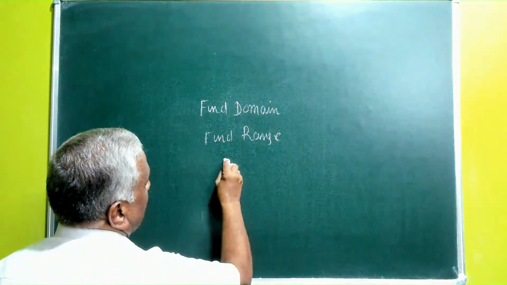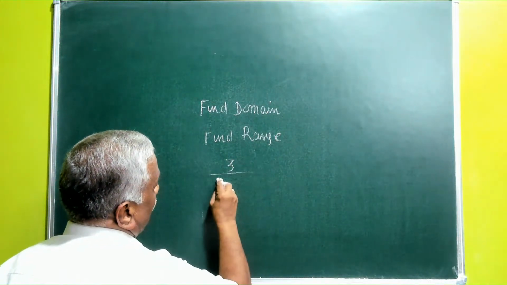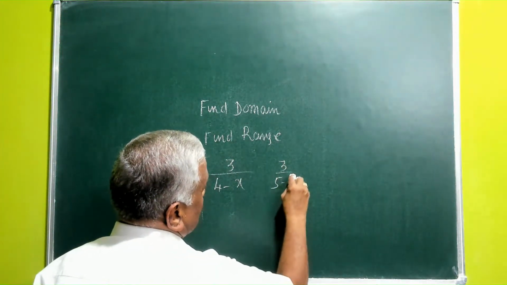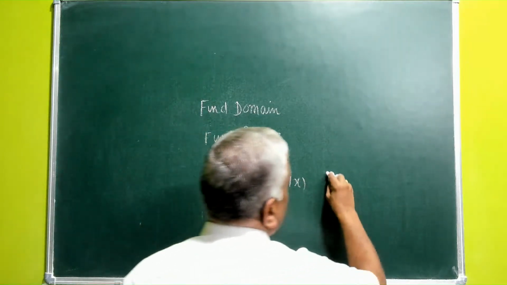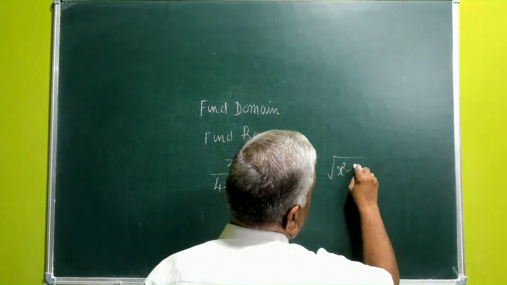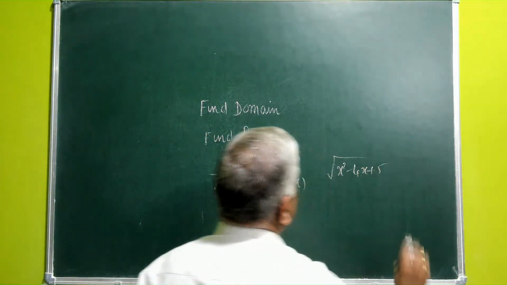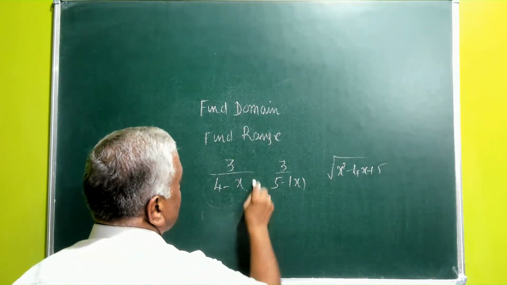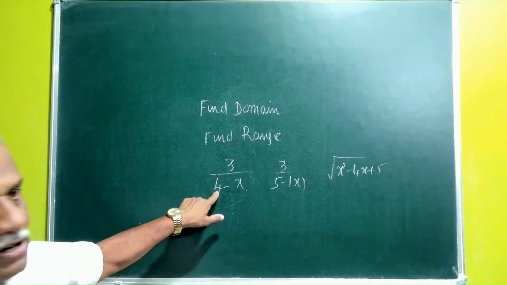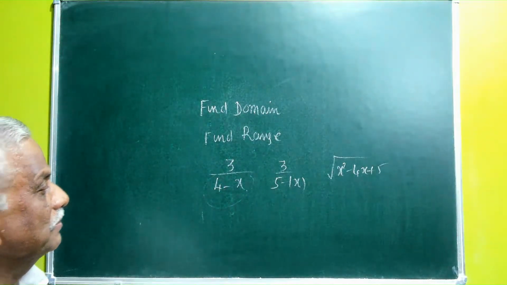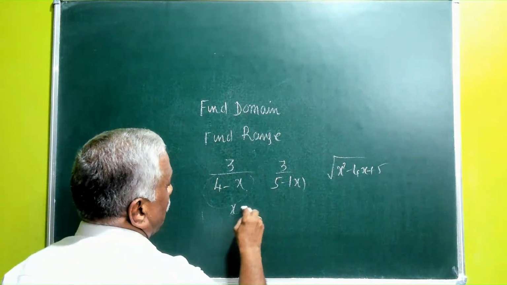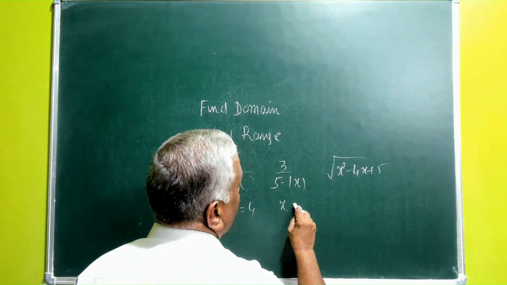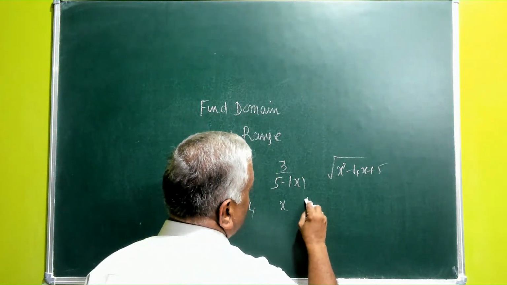They will either give an expression inside the denominator, 4 minus x or 4 minus mod x, 5 minus mod x, or some expression like this, whatever it is. Here, the function will not exist if the denominator is 0. Therefore, x should not be equal to 4. Here, x should not be equal to 5.